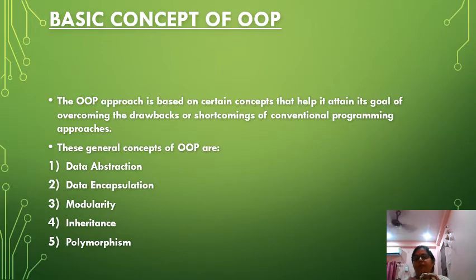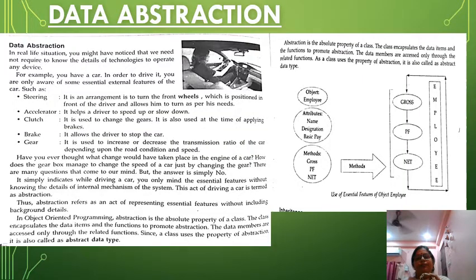Now, what is data abstraction? In class 10th you all have learned the definition of abstraction. Abstraction refers to the act of representing essential features without including background details. It means when we use essential features without mentioning the background details, that is known as data abstraction.